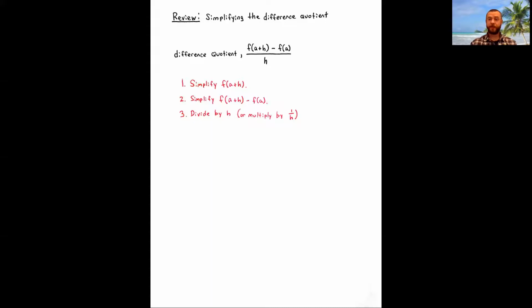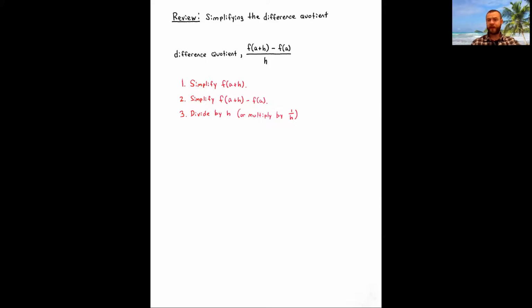Now, there's a few steps which you might recall. We break this down into first simplifying f of a plus h. So we're plugging in as input a plus h to our function. Then we simplify the full numerator. We're going to simplify f of a plus h minus f of a.